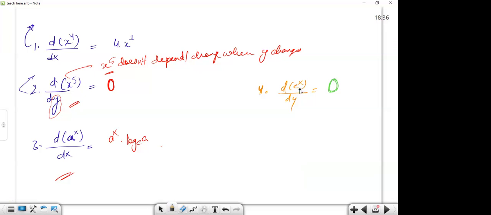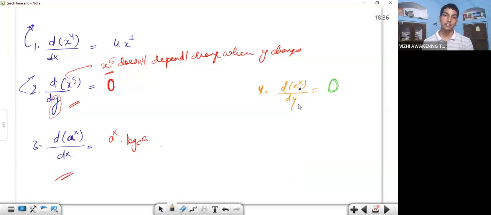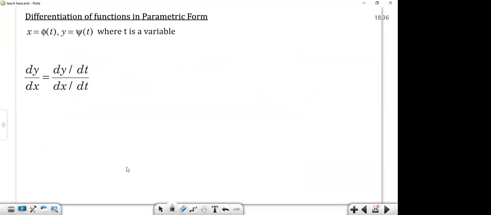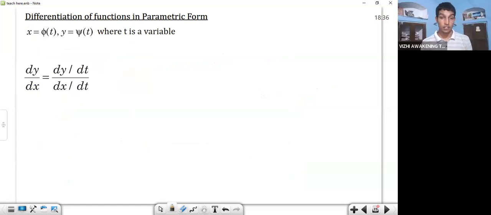So we have x as a variable in the function, whereas we have been asked to differentiate the function with respect to y. So with respect to y, our function does not change. That's why our differentiation and the derivative is 0. Okay. Yes, sir.